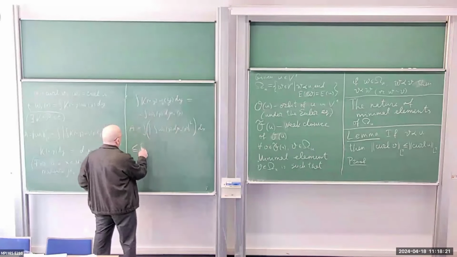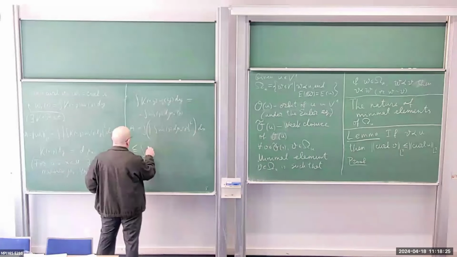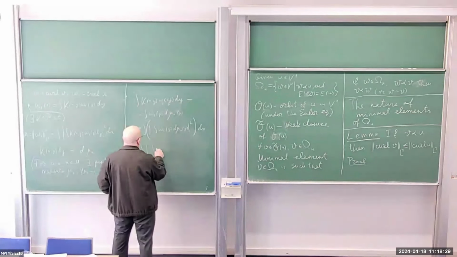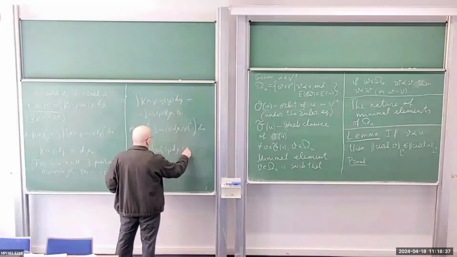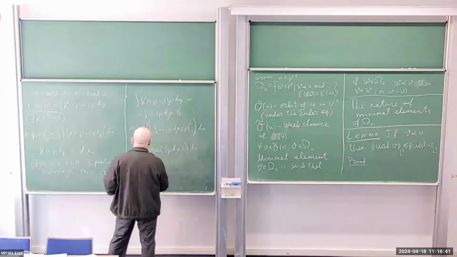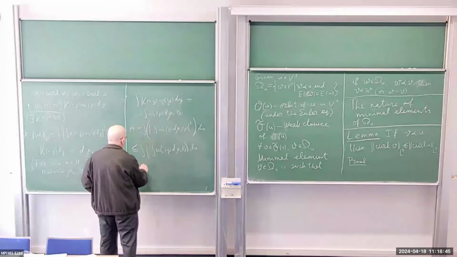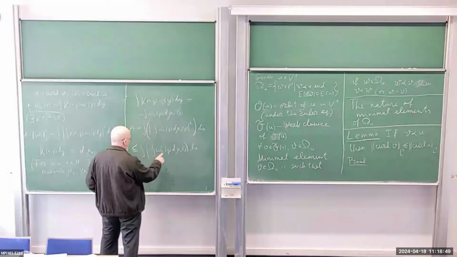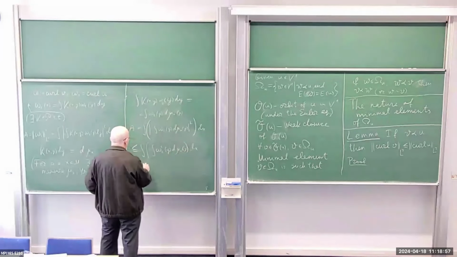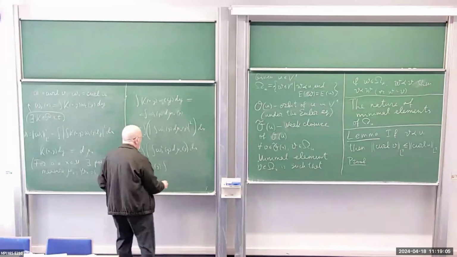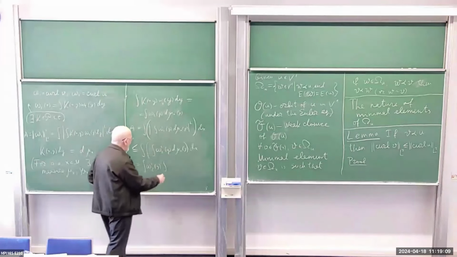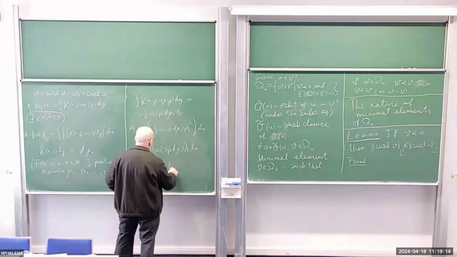It is less or equal than the integral of the integral omega 2 squared of y d mu_x of y, dx, which is equal to, now we integrate with respect to x, the integral of omega 2 squared of y, integral mu_x dy.